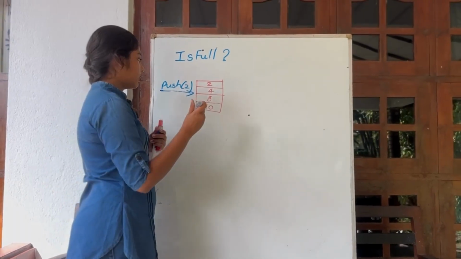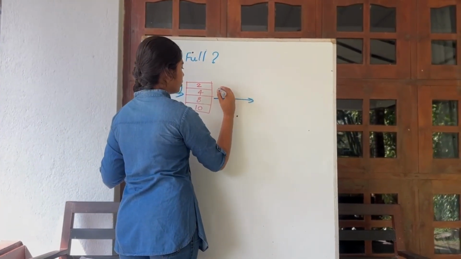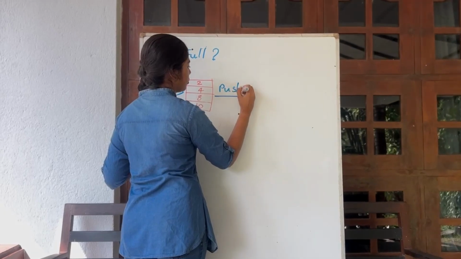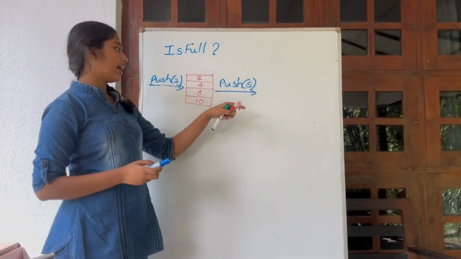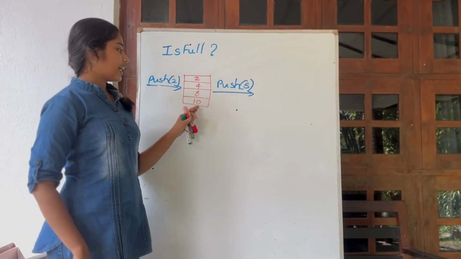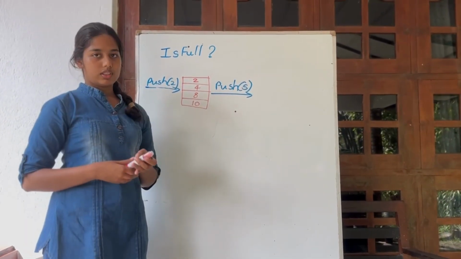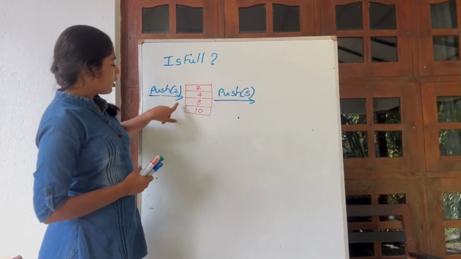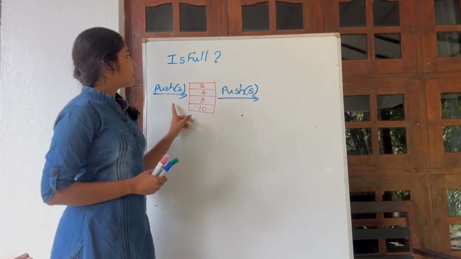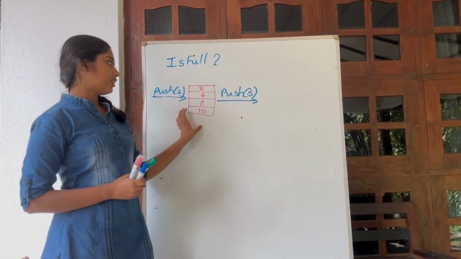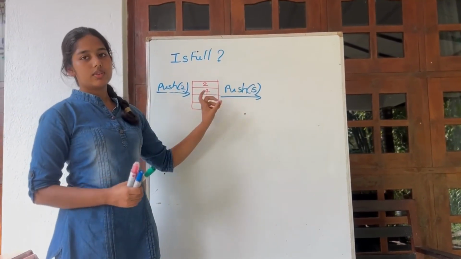Next I am going to push 5. Before adding this 5, we have to check whether the stack is full or not. The stack is full at this moment, so we can't add 5 to this stack.